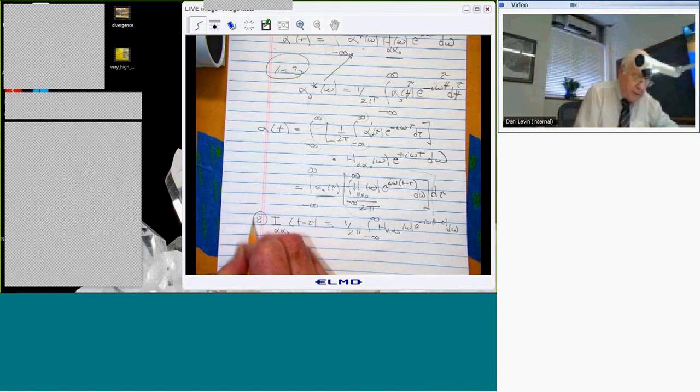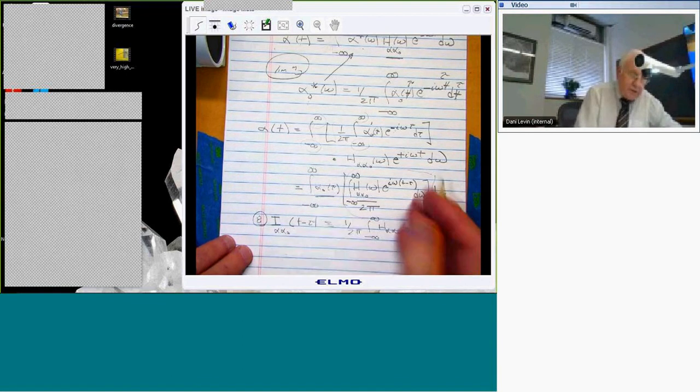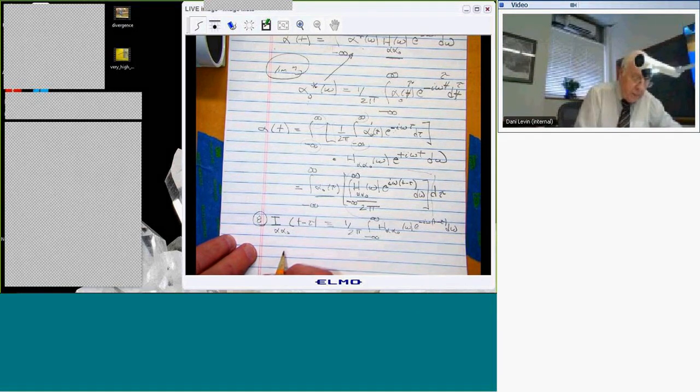This is a definition. Now, using this definition, I can write the previous equation for alpha of t more compactly. It's just the integral from minus infinity to plus infinity of alpha naught of tau times I alpha naught of t minus tau d tau.